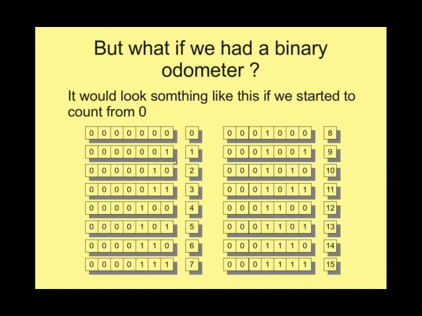So if you drive 1 mile, this one sets to 1 because after 0 there is 1, right? And then we drive another mile, and now after a 1 there is only a 0, there is no 2.